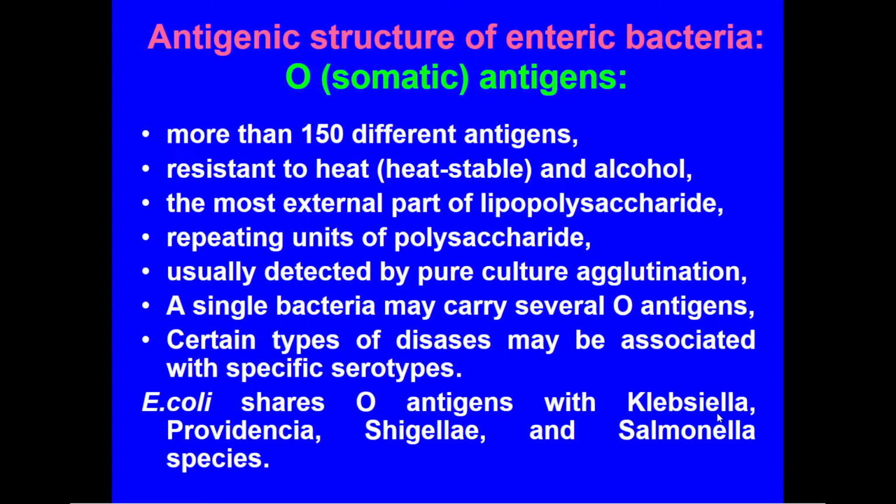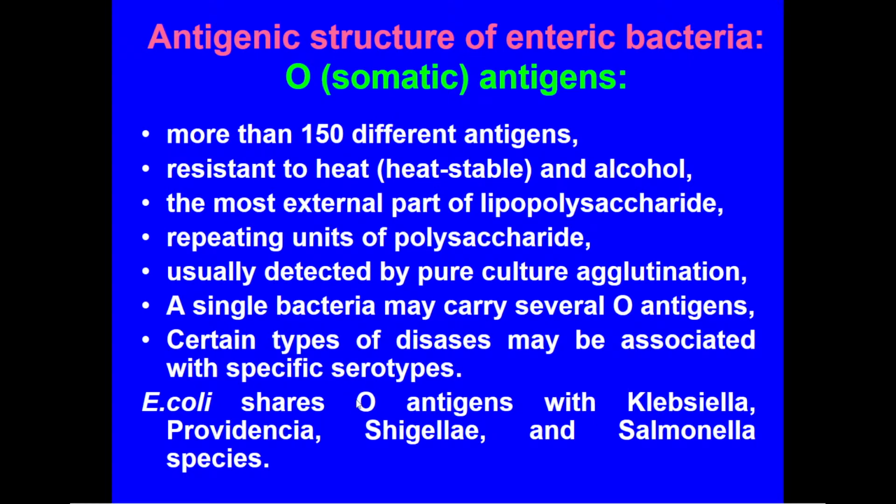Why is it important for medical doctors? Of course, you may never perform this agglutination yourself, but it is important for doctors because certain types of diseases may be associated with specific somatic antigens.